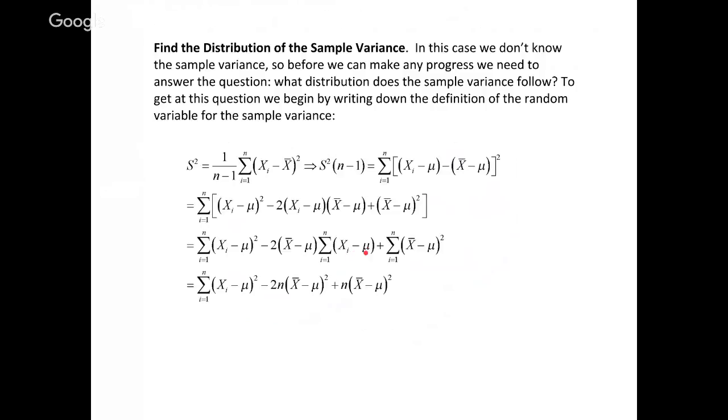And if we move the sum over to the population mean, we have the population mean summed n times, which is the same as n times the population mean. So the bottom line is that we can rewrite both of these terms as n times (x bar minus mu), and we end up with 2n times (x bar minus mu) squared.